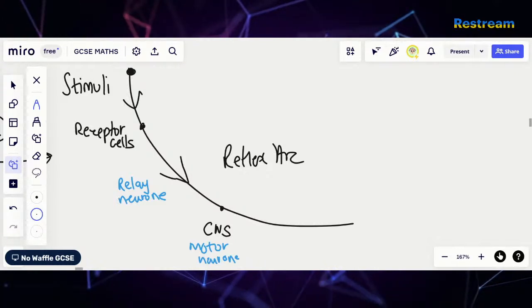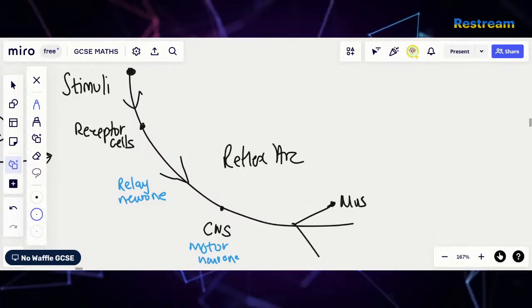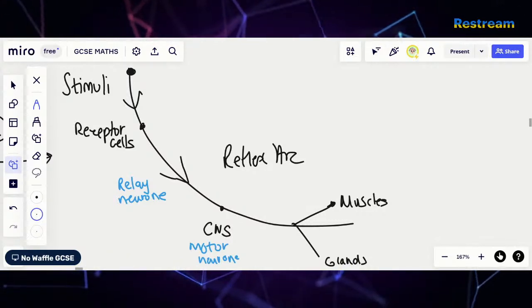And then it goes to either muscles or glands, and we call both of these things effectors.